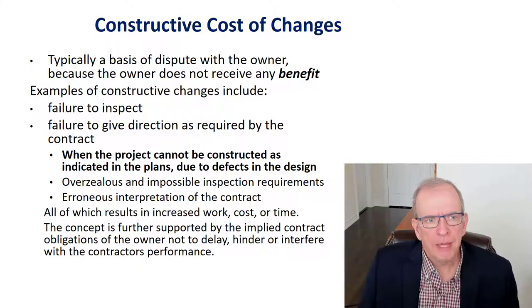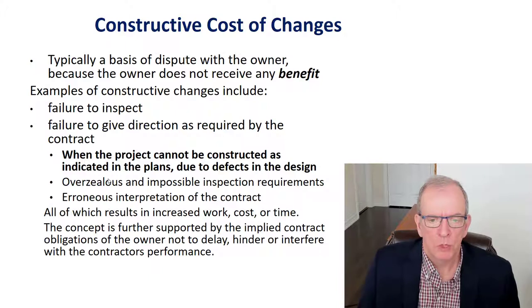Typically, a basis of dispute with the owner is constructive costs of changes. This is usually where the owner doesn't receive any additional benefit. So there can be a lot of things under this particular area. That somebody wasn't following the contract, or maybe there was a consultant that was overzealous that had kind of impossible inspection requirements.